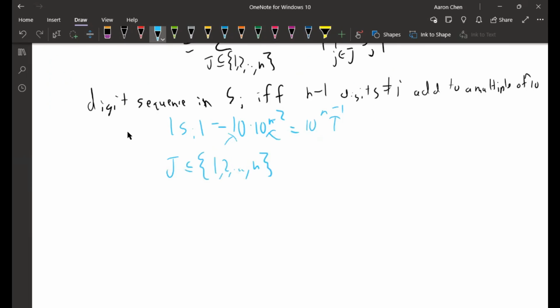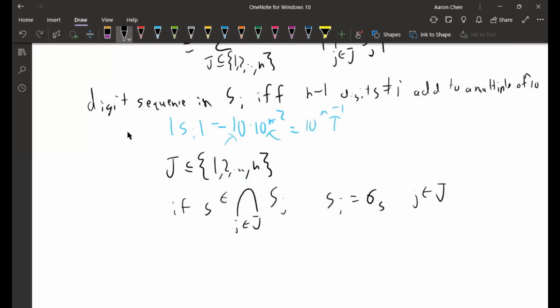So if a string s is in the intersection of the S_j's, then you can have the S_j equal to omega of s for all j in J.